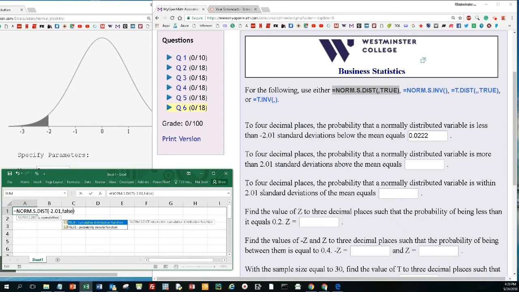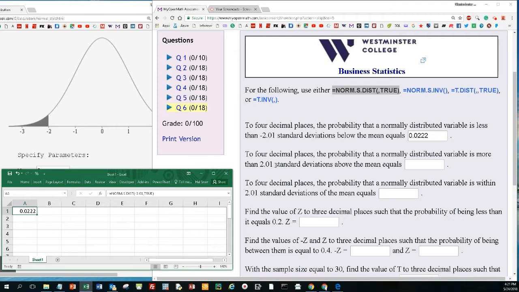So I kind of wish Excel would make it easier and just have one input, right? 2.01. But I digress. So I'll click on true there and then close the parenthesis. And we will get 0.0222, right? So the value on the number line is negative 2.01. The area is the probability, 0.0222.